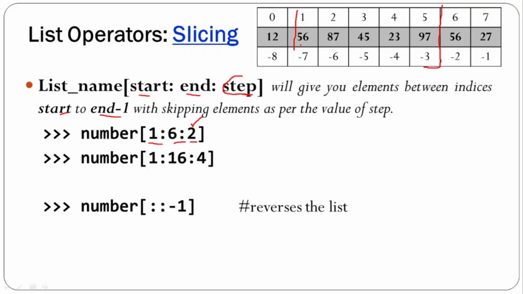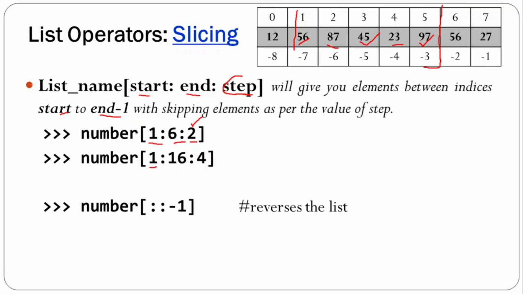So the output will contain 56, and the skip parameter 2 will work. Skip 1, 2, this item will be displayed next, and then skip 1, 2, this item 97. So the output will contain 56, 45 and 97. By default, the step parameter is 1, so all the items from the list will be displayed. If the step parameter is 2, one item in the list will be skipped, and if the step parameter is 3, 2 items from the list will be skipped.